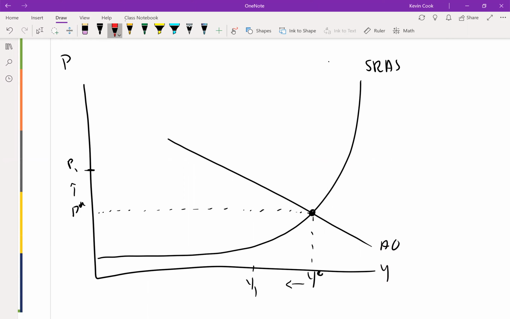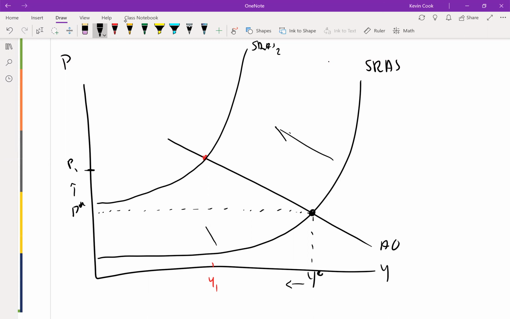So if something happens, and this will be more of a long-term thing. It's not necessarily just, oh, we had a virus for 2 weeks, so things are messed up. This is more potentially a long-term thing, but we could expect to see our aggregate supply shift up, something like this.